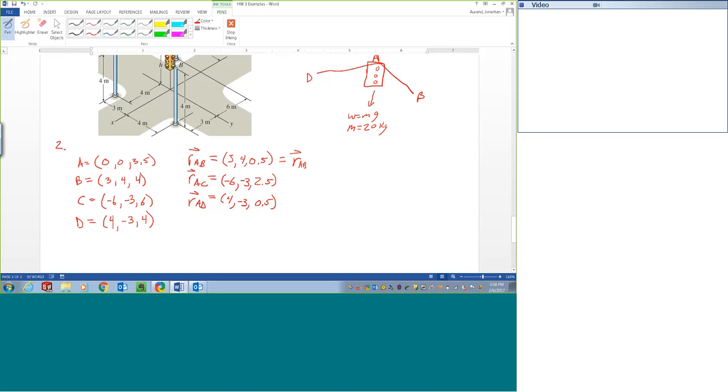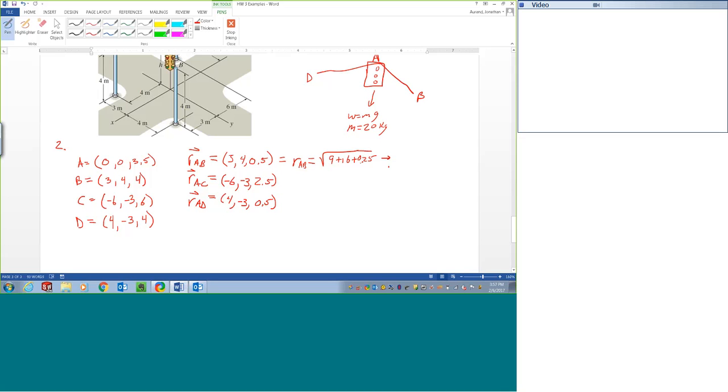So RAB, the magnitude of that, is going to be the square root of 9 plus 16 plus 0.5 squared, 0.25.